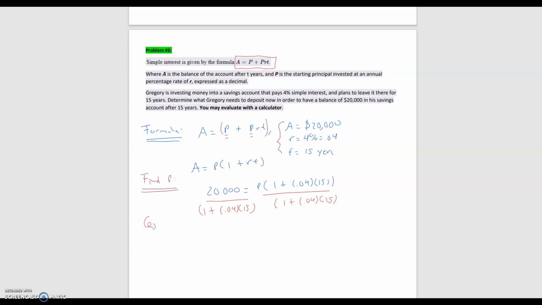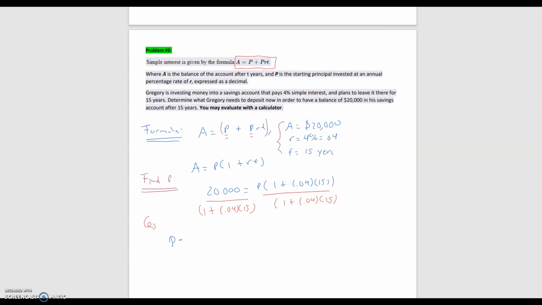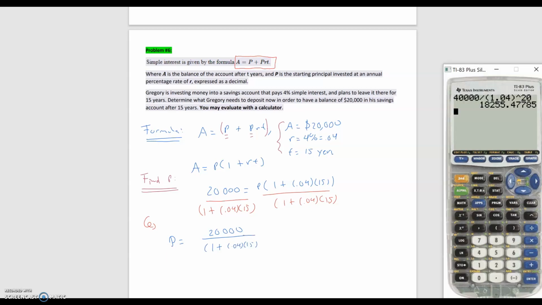So let me also flip it so that it's easier to evaluate. So the principal here is going to be 20,000 over 1 plus 0.04 times 15. And at this point we can evaluate.